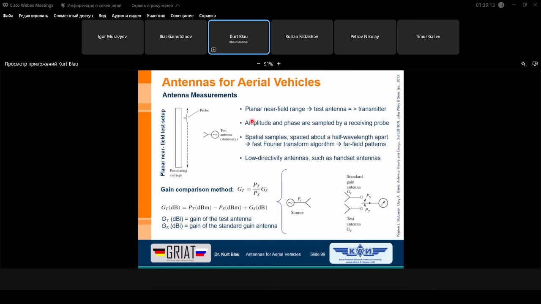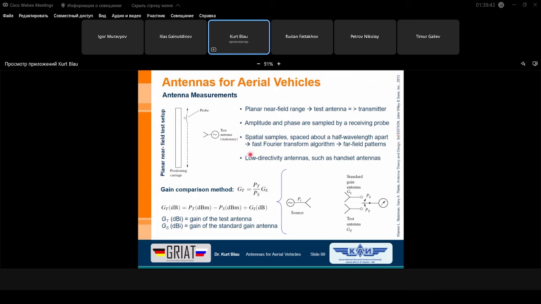We record the amplitude and phase values sampled by the receiving probe in the memory, and then we apply a fast Fourier transform algorithm, and this converts the near field pattern into the wished far field patterns. It's a little bit complicated, this algorithm, but it was developed several years ago.